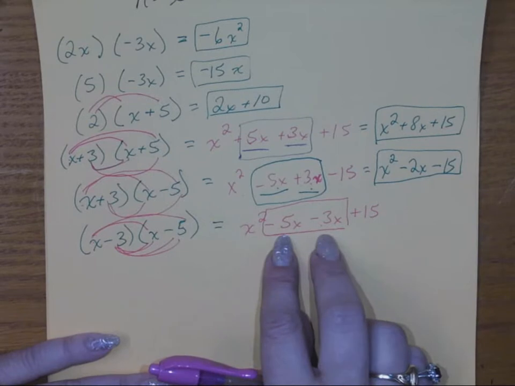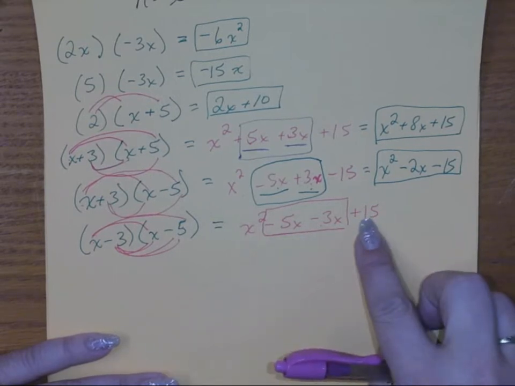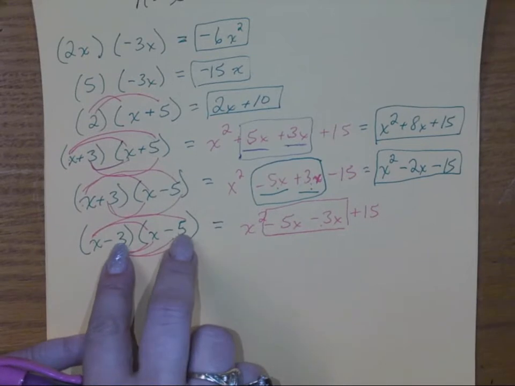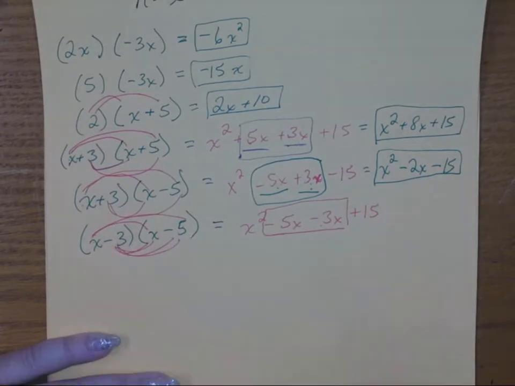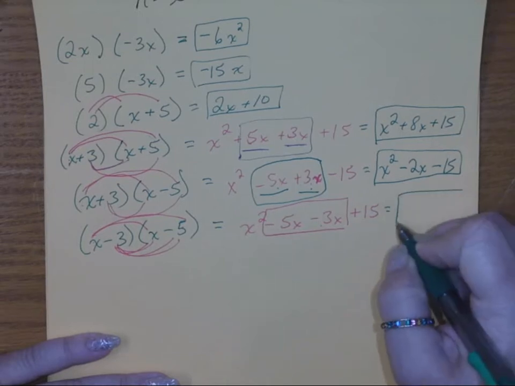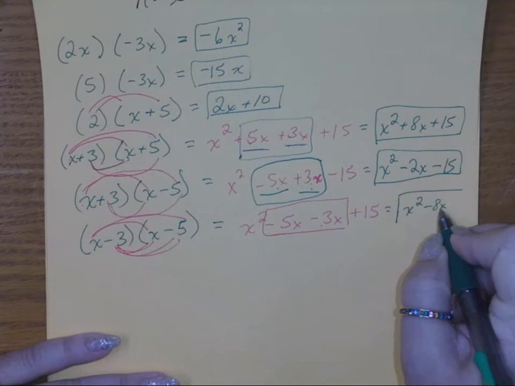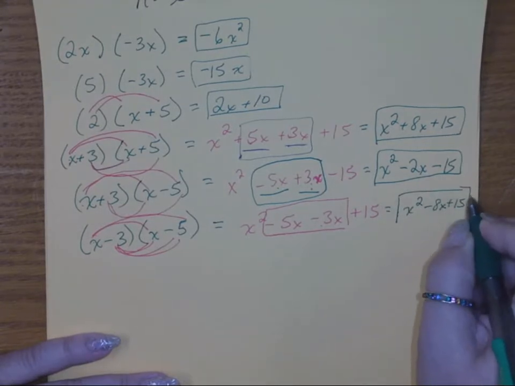So this is going to be negative 8x. Why does that come about? And then also, where the heck did this positive 15 come from when it was a negative 3 times a negative 5? So we're going to see the model taking place here and helping us out with that. We all know this is going to be x squared minus 8x plus 15.